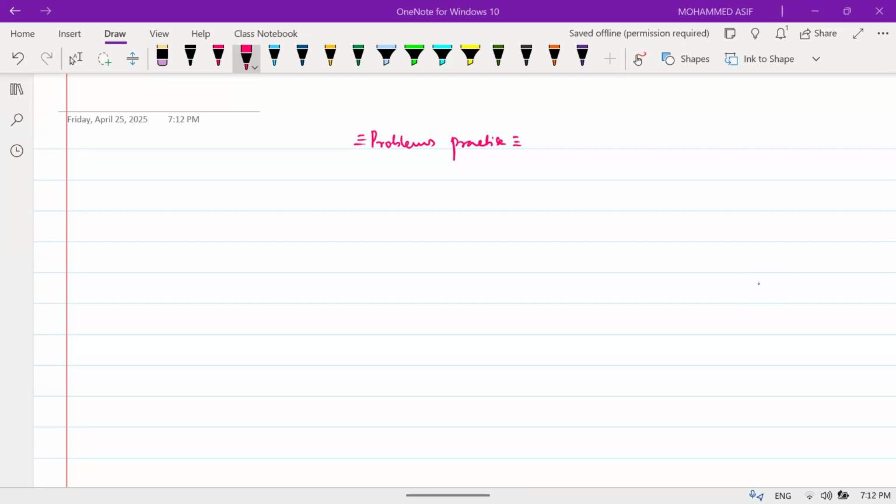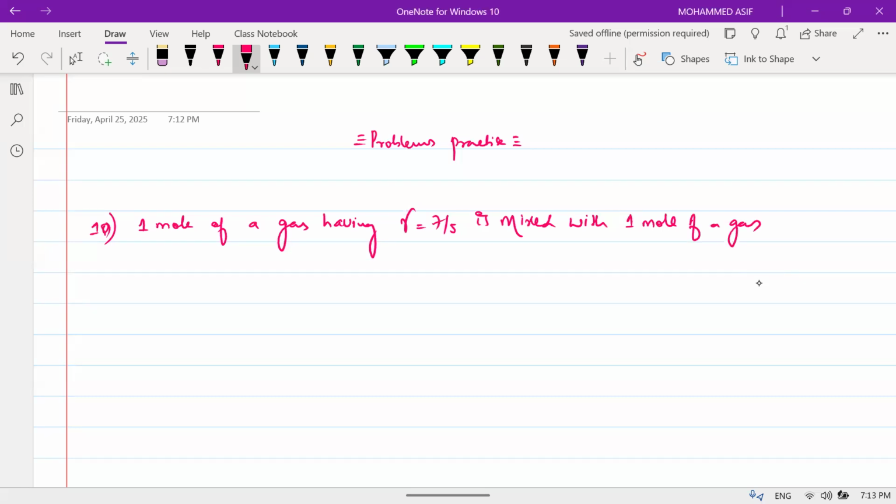चलो, so the first problem beta. Question number 1. 1 mole of a gas having gamma is equals to 7 by 5 is mixed with 1 mole of a gas having gamma is equals to 4 by 3.